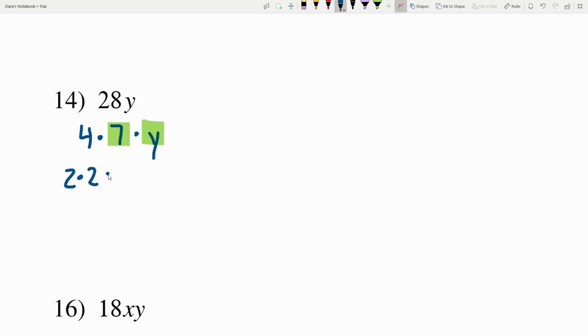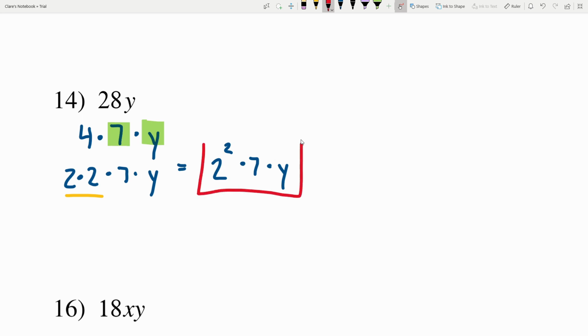So 2 times 2 times 7 times y is my prime factorization without exponents, but because I have two 2's, I'm going to write that as 2 squared times 7 times y. 2 squared times 7 times y is my solution in number 14.